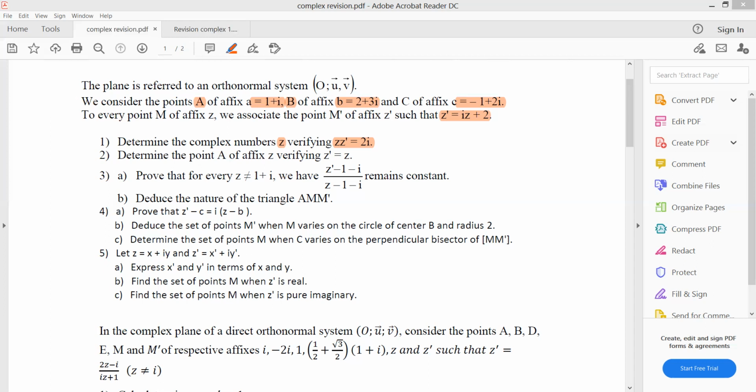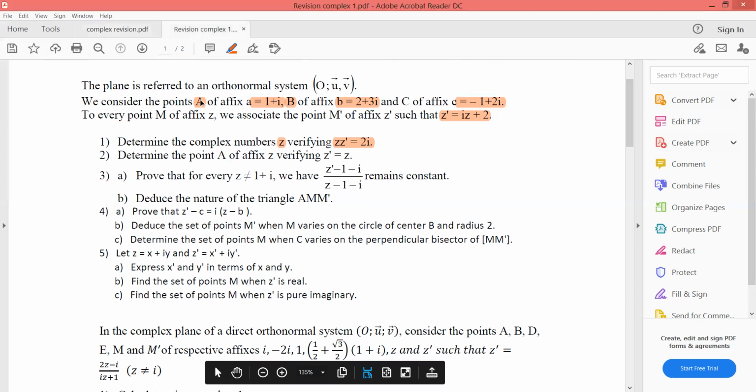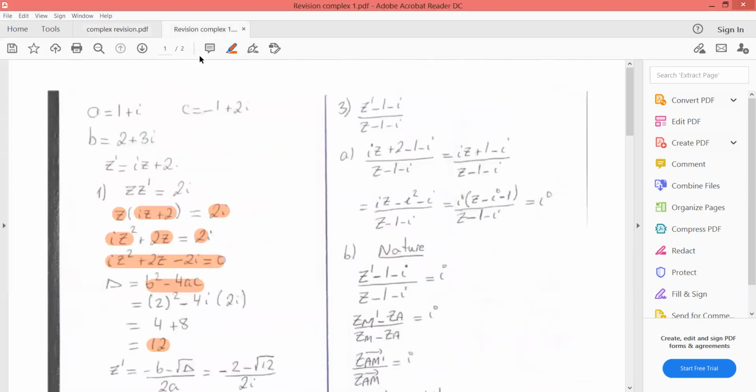Teacher, try. Put in place of z prime iz plus 2 minus 1 minus i. 2 minus 1 is 1. It becomes iz plus 1 minus i over z minus 1 minus i. This 1 here, I can put it as minus minus i square.